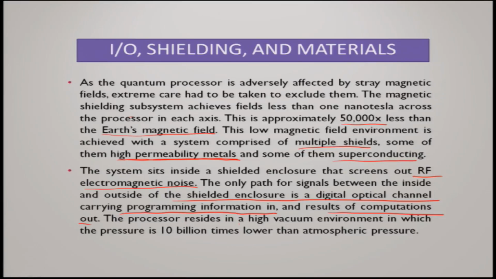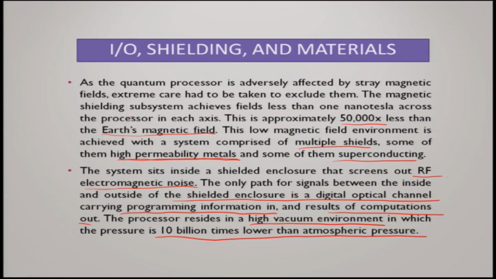The processor resides in a high vacuum environment in which the pressure is 10 billion times lower than atmospheric pressure. So, essentially this is an environment which is often what we have used for many conditions under the NMR. Well, the NMR does not need that level of a vacuum, but ion traps for instance have similar environments that are often necessary.